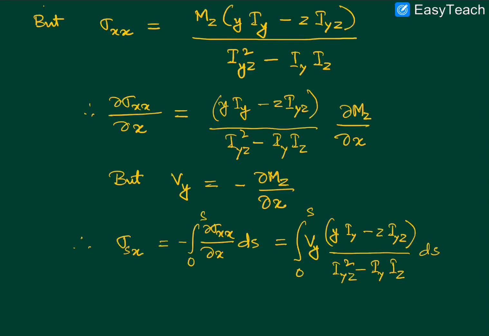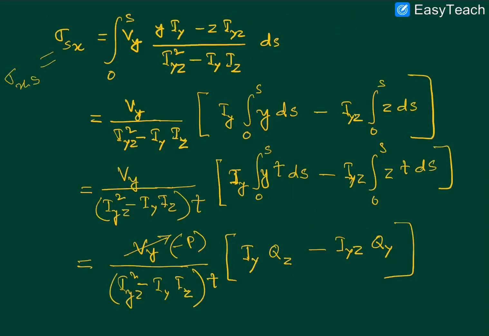That is, the y and the z axis pass through the centroid of the cross section under consideration. So if we have to use this formula, then we must set up our y and z axis at the centroid, and this entire derivation of the shear center location was done keeping in mind that.